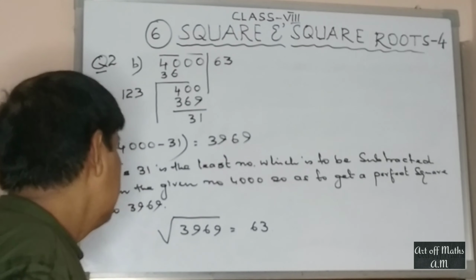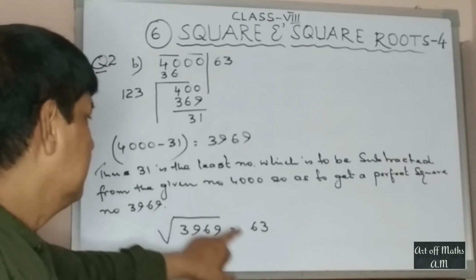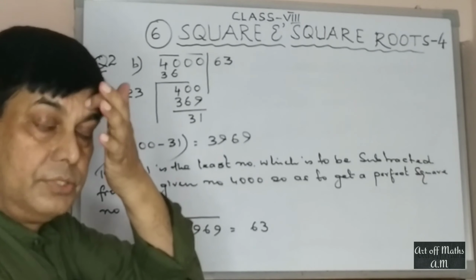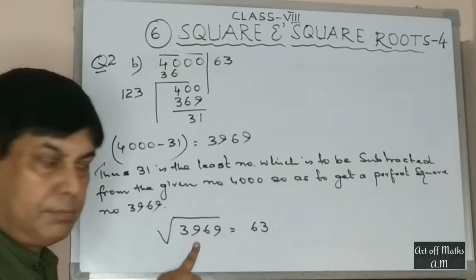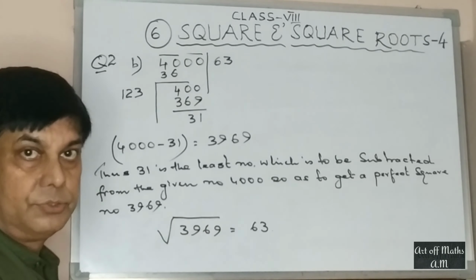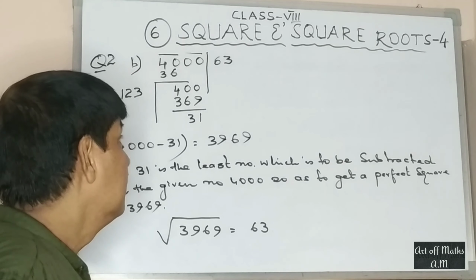So the required number is 31, and 63 would be the square root of the perfect square number, and 31 is to be subtracted.